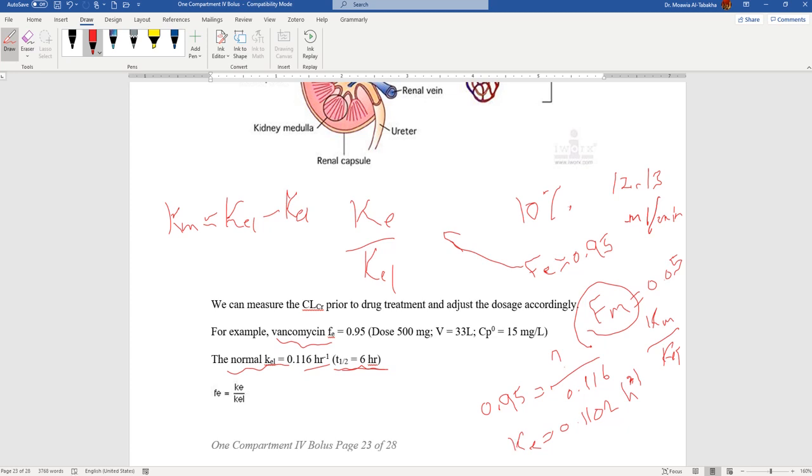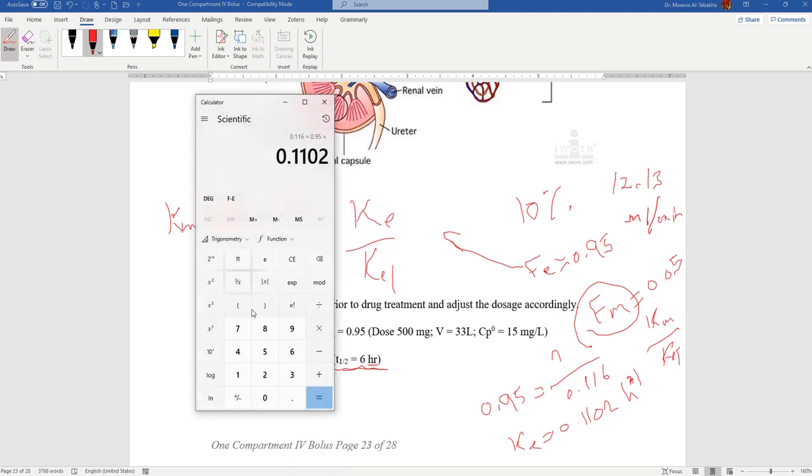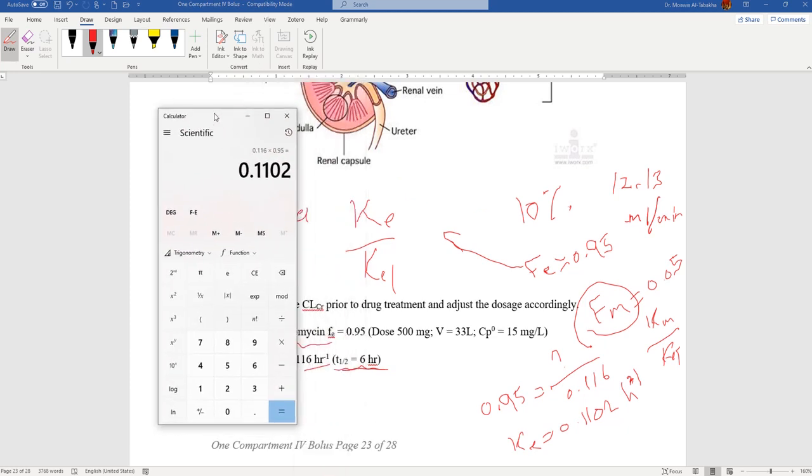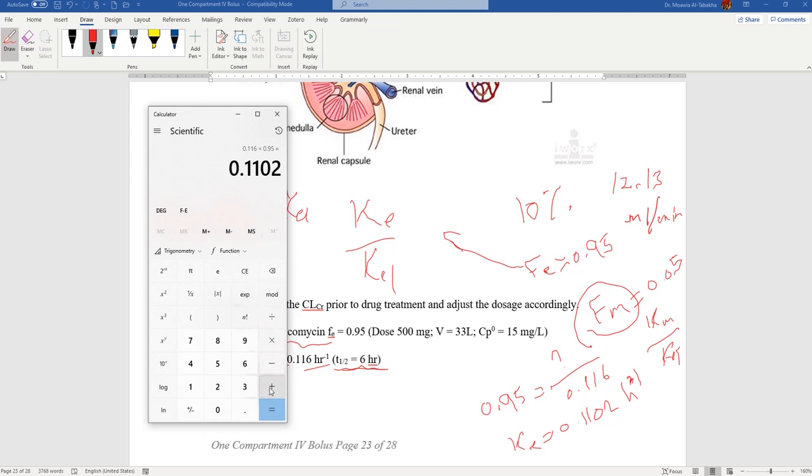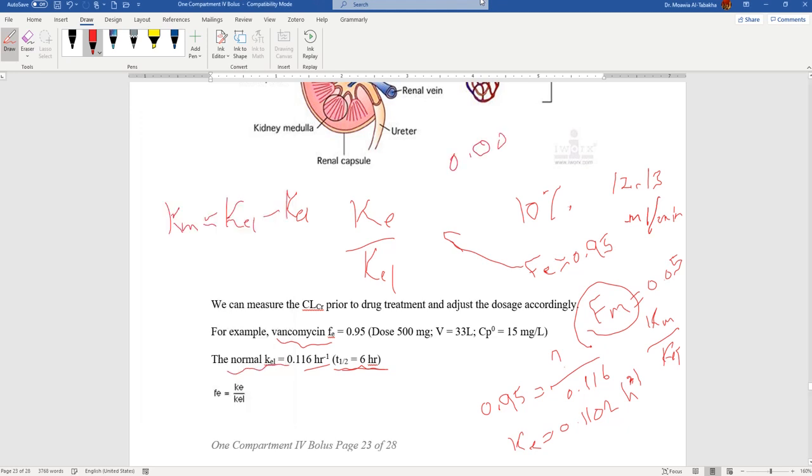In this case, let's suppose I want to use this one. I have KEL, which is 0.116, minus 0.1102, but I need to remove the negative, which gives 0.0058. So KM is 0.0058, also hour to the power of -1.